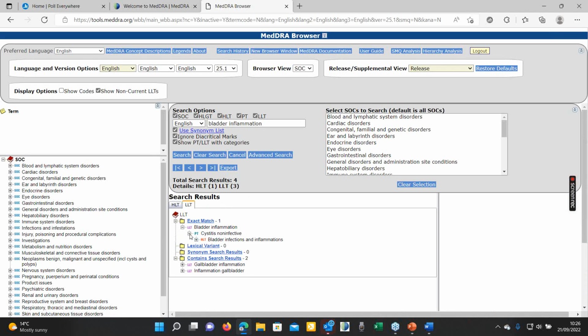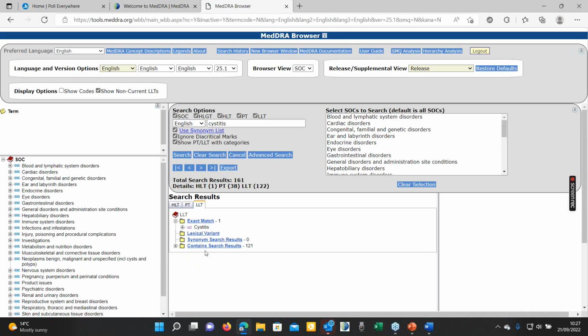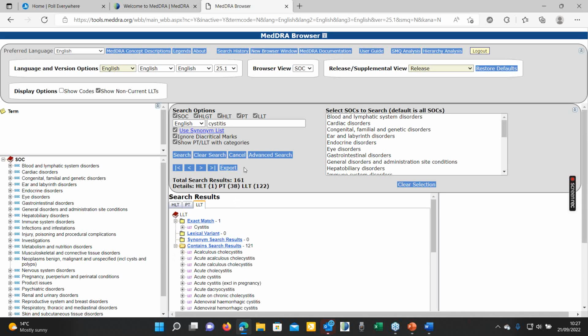Now this is interesting. Cystitis non-infective, that's in the renal and urinary disorders SOC. If we were to look for just cystitis, we've got 121 here. So this isn't a good search to do.